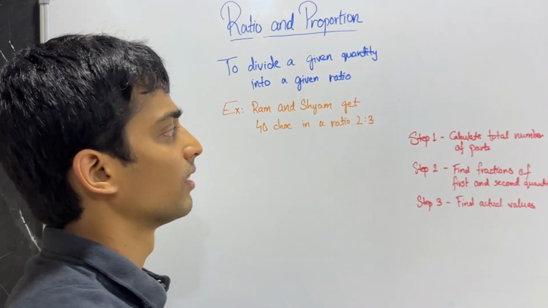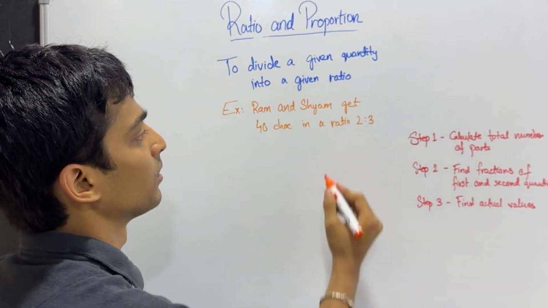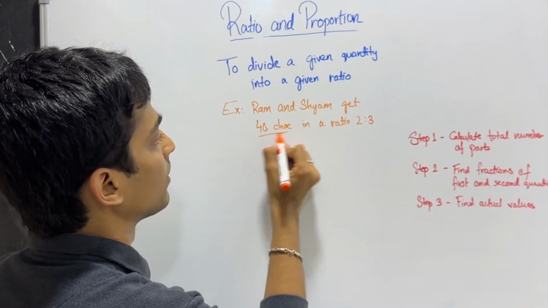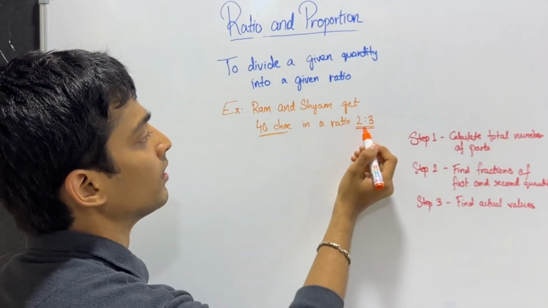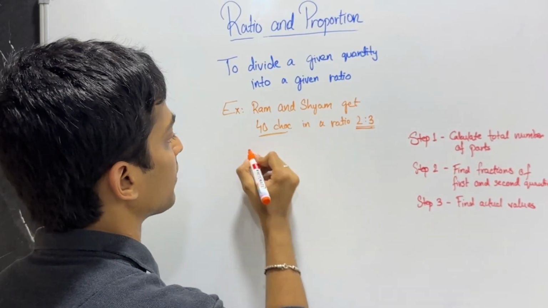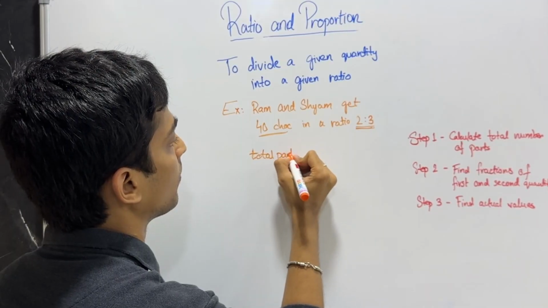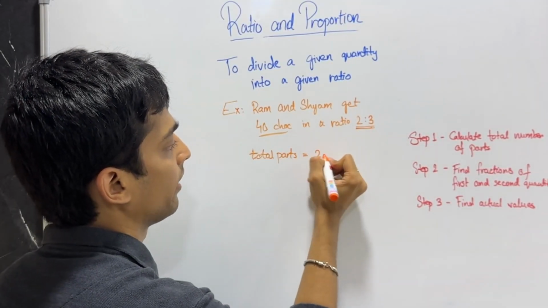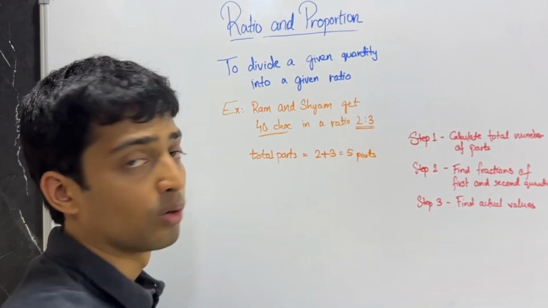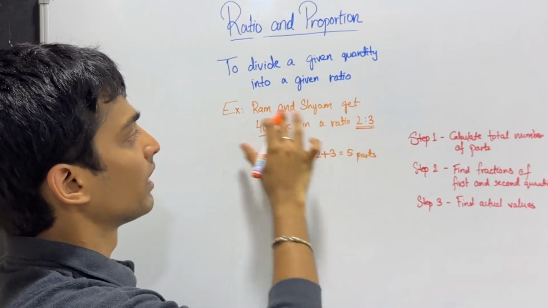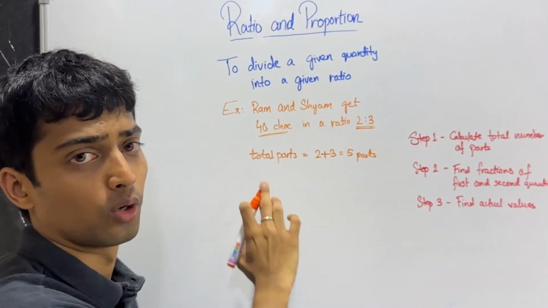So the first step is to calculate the total number of parts. So how do we calculate that? There were 40 chocolates given in the ratio 2:3 to Ram and Shyam. So basically there are 2 plus 3, 5 parts. So total parts is equal to 2 plus 3. We just add 2 plus 3, which is 5 parts. So from the 5 parts, 2 parts were given to Ram, 3 parts were given to Shyam. And these 5 parts in total make up 40 chocolates.